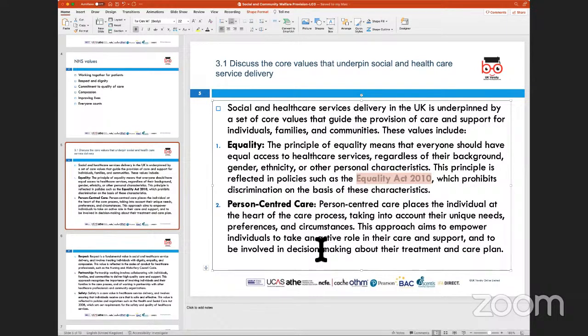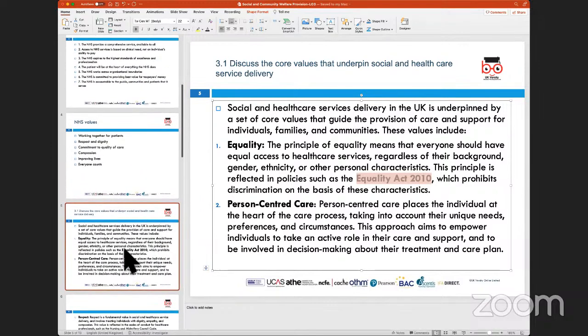Then when we go to the 6 C's in particular, which are care, compassion, competence, communication, courage, and commitment, we relate them to how these values are central to working within health and social care. These 6 C's of care are the guiding principles used to provide person-centered care, which means you are receiving individualized treatment.